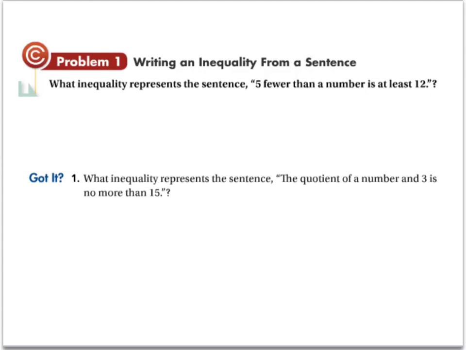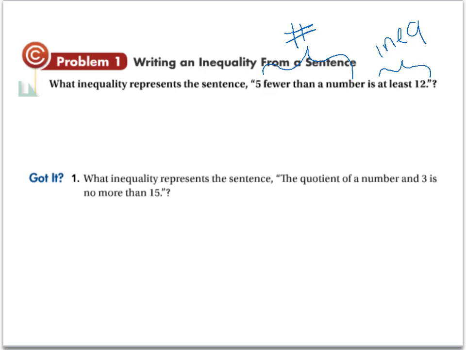So for our next one, we have a little bit more than just a number. We're adding things to our number. For example, we have 5 fewer than a number is at least 12. So think about kind of breaking up this sentence. 5 fewer than a number, that whole part is talking about your number itself. Is at least 12. At least 12, that's what tells you what your inequality should be doing.